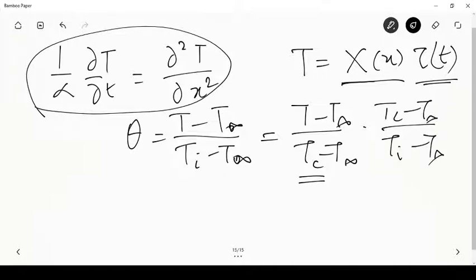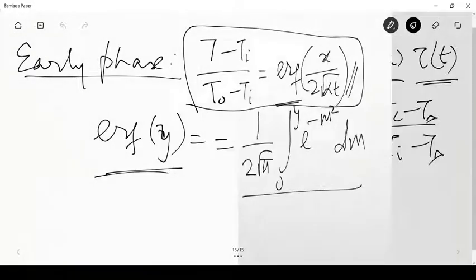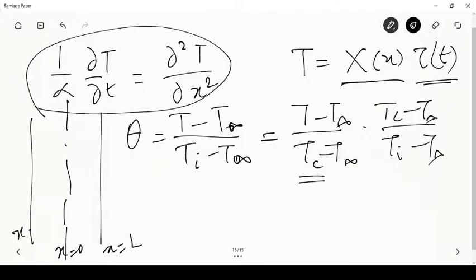Let us say the geometry that I am trying to solve for is a one-dimensional slab with this as the center line, so this is x equal to 0, this is x equal to L, and x equal to minus L on this side. Now you are solving for one half of the domain, x equal to 0 to L, using this equation.